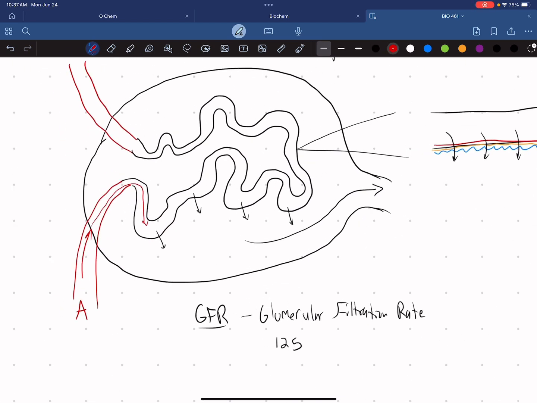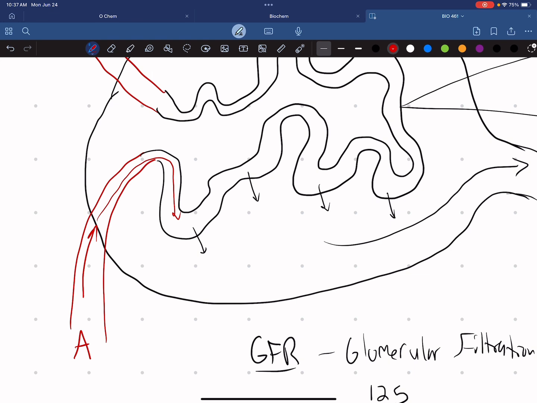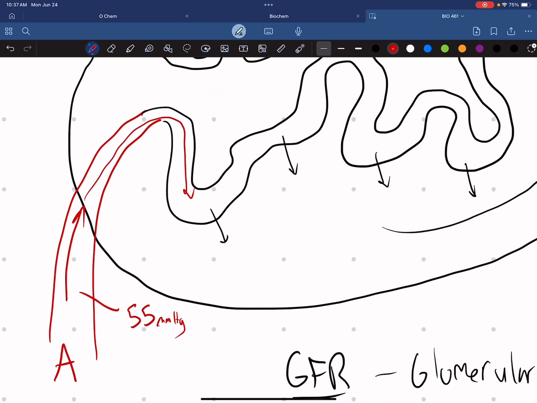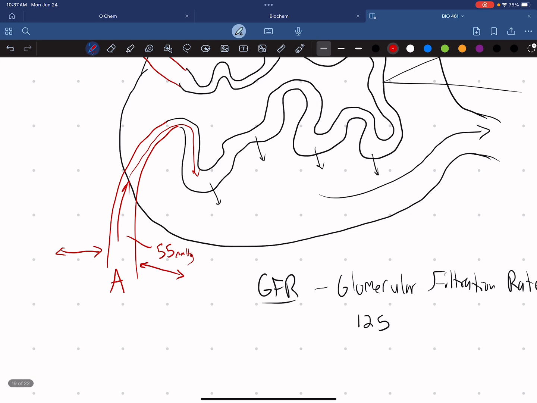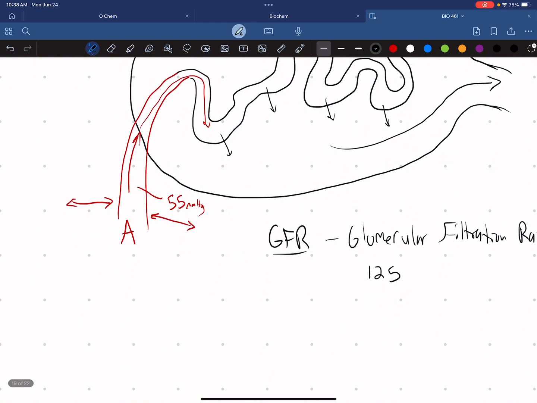So with blood flow into the Bowman's capsule, there is a certain pressure associated with it. So on average, we have a pressure of 55 millimeters of mercury that is entering through the afferent arteriole. And so what we know is that there are macula densa cells along the nephron that can sense certain levels of ions in the nephron that has been filtered. And so what can happen is there can either be vasoconstriction or dilation of the afferent arteriole in order to regulate those levels, which will ultimately change the GFR.